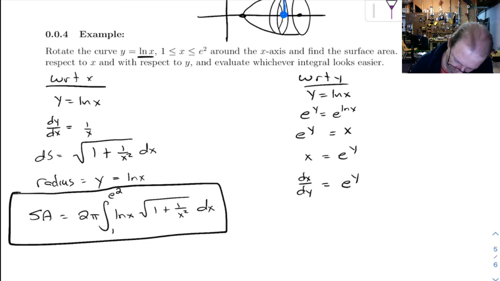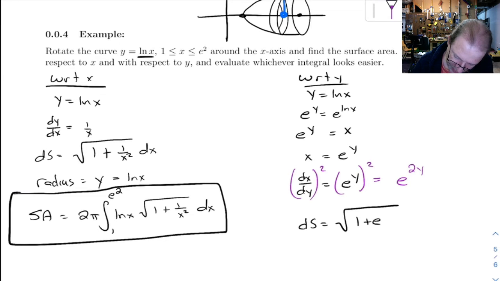And so when we square that, if you square e to the y, you get e to the 2y. So my ds here is going to be square root of 1 plus e to the 2y dy.